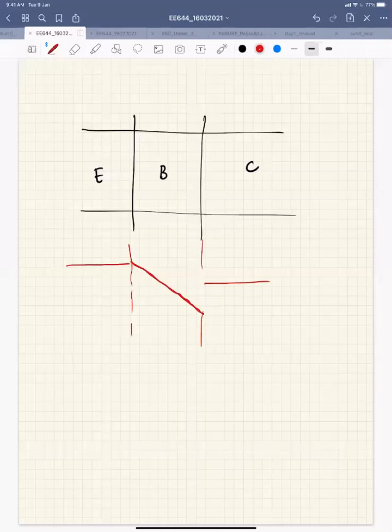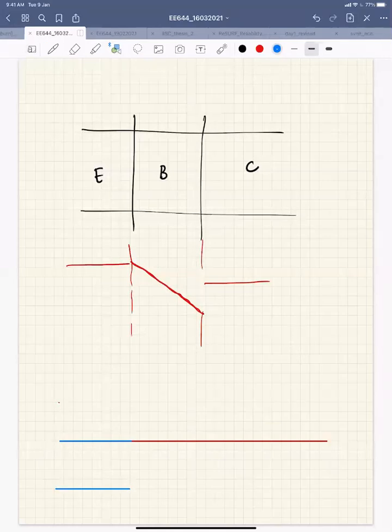If you draw the energy band diagram, basically you will start with your Fermi level, and this is N type. So I have N type silicon, highly doped N type.